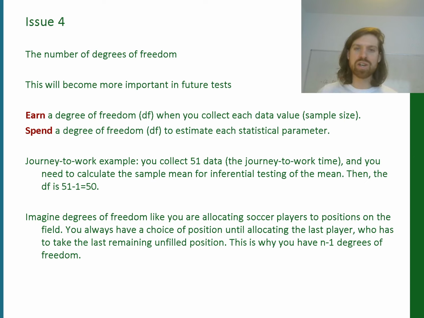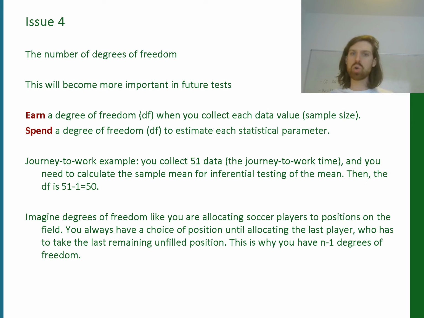If I haven't already covered this, and I think I did maybe when we were in the laboratory sessions, but the way to think about the number of degrees of freedom is imagine that you have a soccer team and you're the manager, and basically you're going to allocate all of your on-field players first. So you allocate the strikers and then the midfield and then the defence, and then eventually what you end up with is you end up with the goalkeeper at the end.